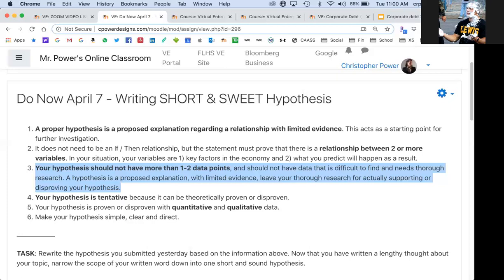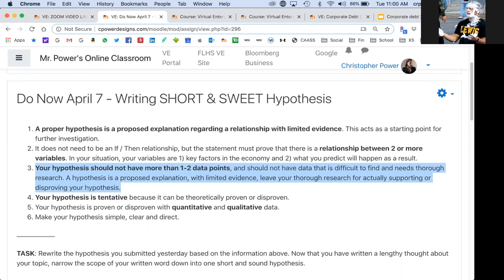So you can have a data point. But if Daniel started going off on mortgage-backed securities in 2008 and mortgage-backed security debt in 2020 and which banks have the biggest debt and how much debt is outstanding, well, then you're writing me an essay, right? Your hypothesis is not an essay.